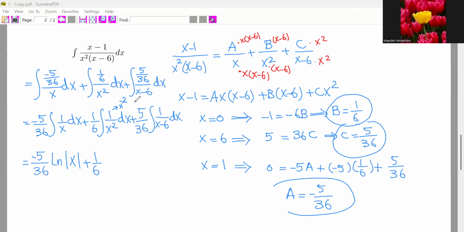And you would add 1 to the power in order to find the answer of the integral. That would be negative 1 over x. Plus 5 over 36, and this one also will be ln of absolute value of x minus 6 and plus c as usual.